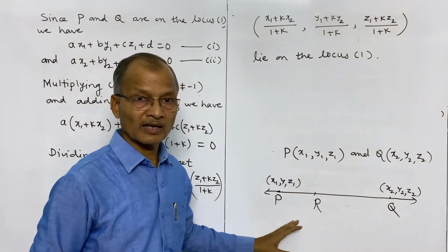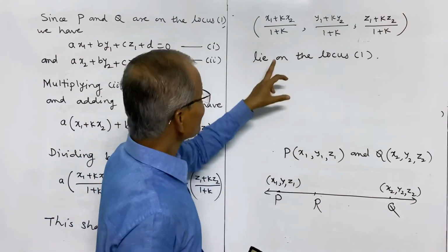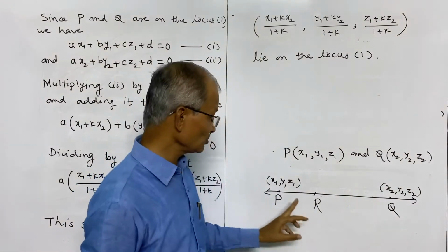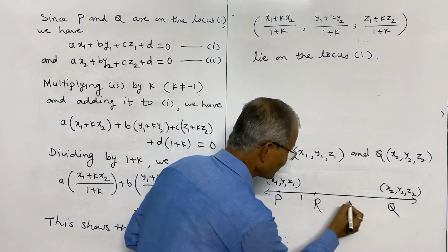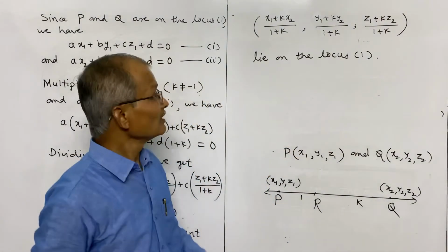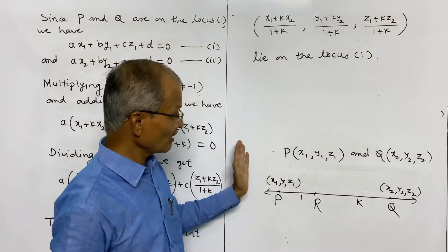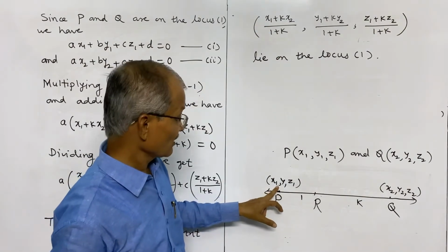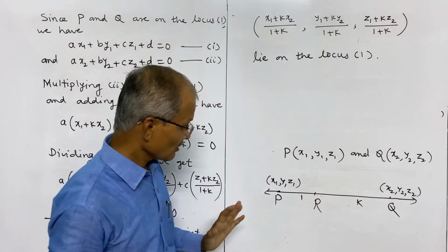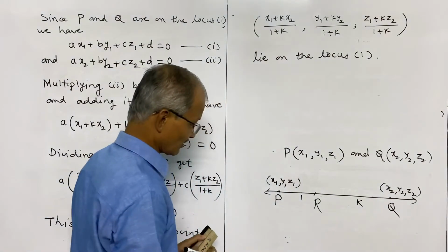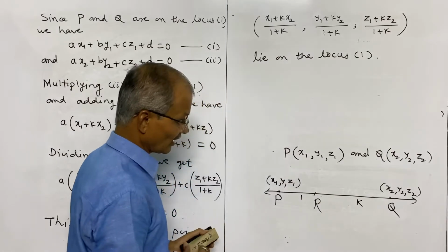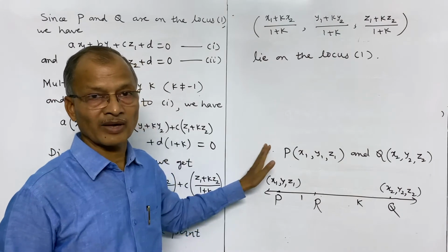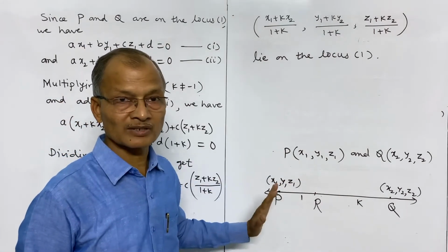Because we know by the section formula that this is the point which divides the segment joining P, Q in the ratio 1 to k. If the ratio is 1 to k, then it will be reversed, so it is x1 plus k times x2. We know the section formula: m x1 plus n x2 divided by m plus n.